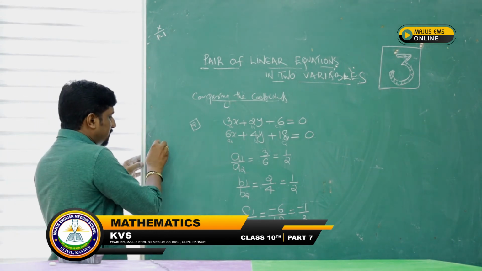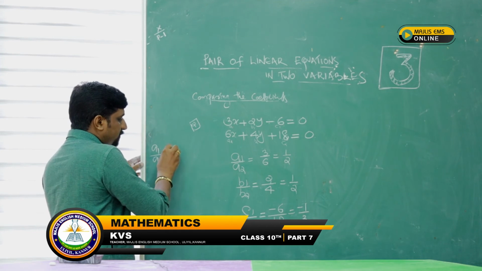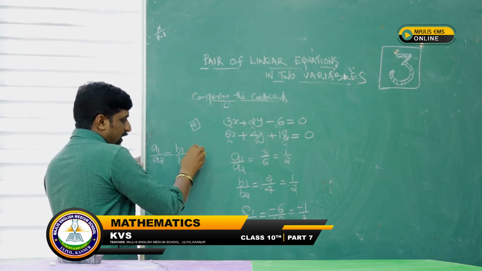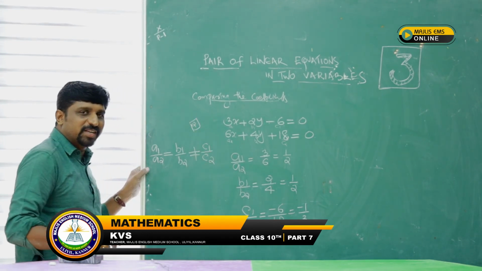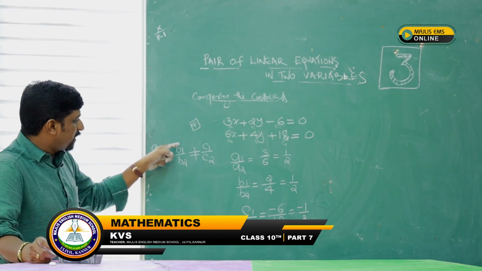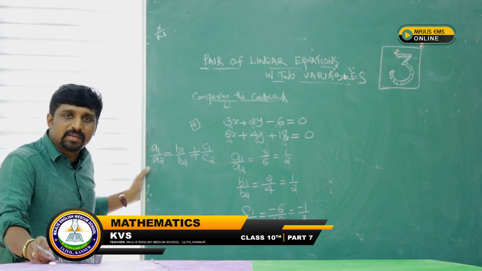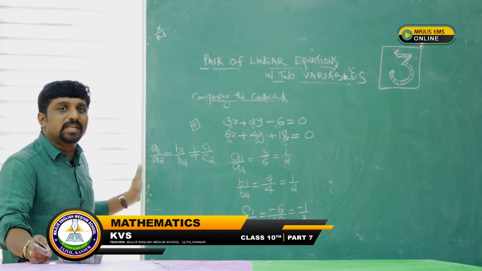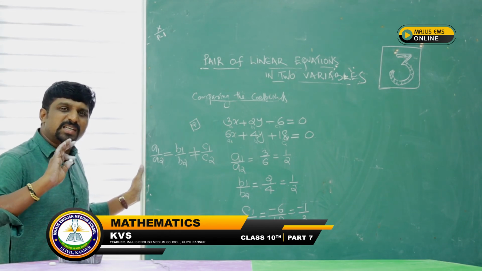Therefore, we write the condition: a1 by a2 equal to b1 by b2 not equal to c1 by c2. In this case, it is parallel lines, which will not intersect anywhere.